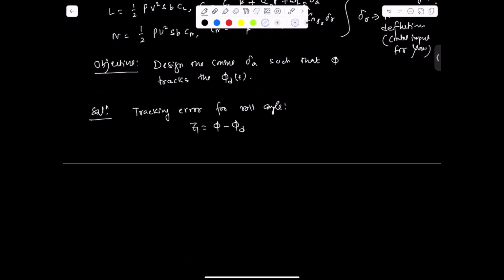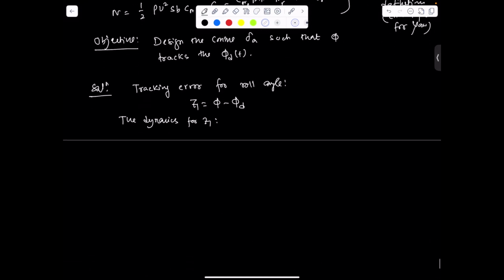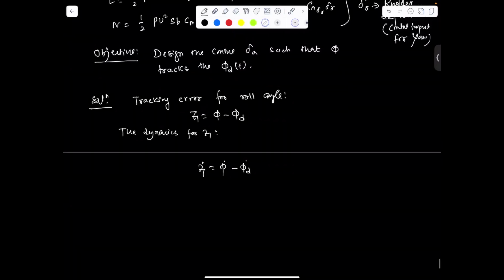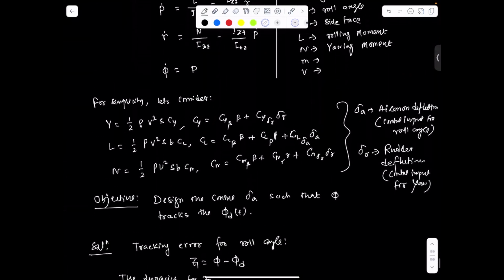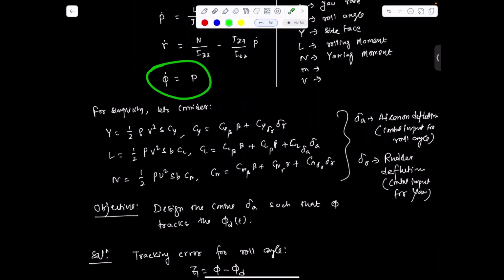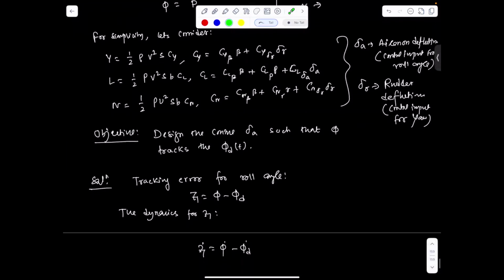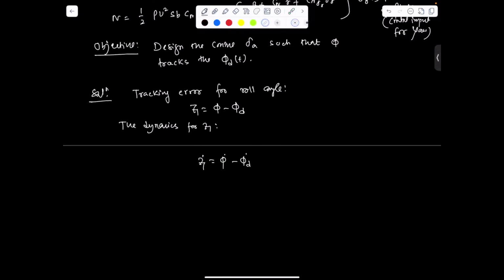And the dynamics for z1, we can write z1 dot equal to phi dot minus phi desired dot. Here phi dot we have given above, so we simply write p minus phi desired dot.